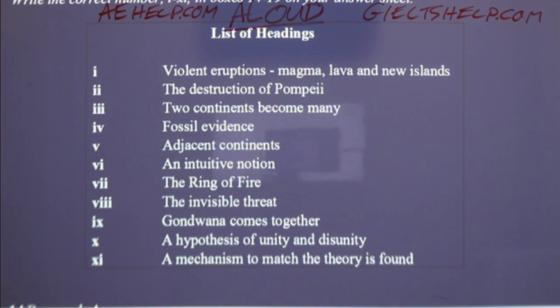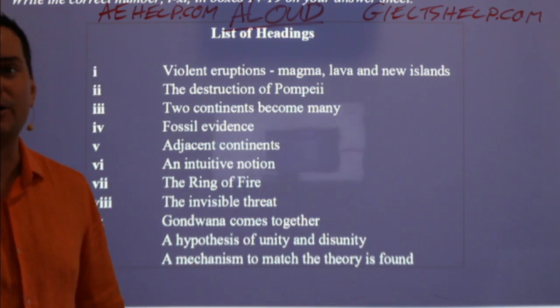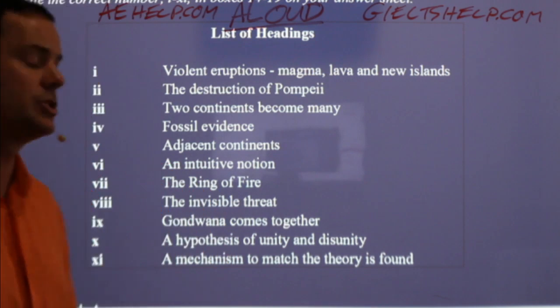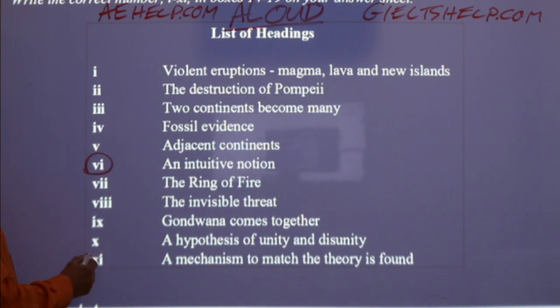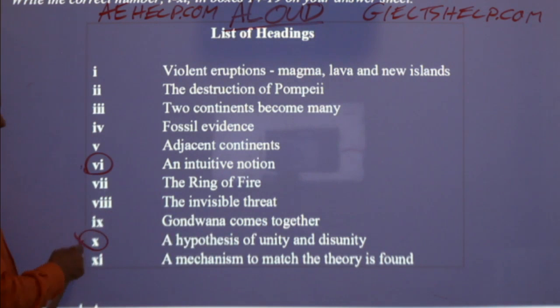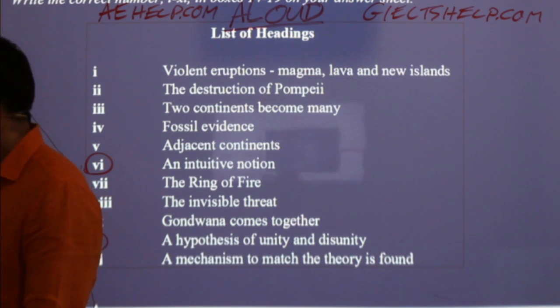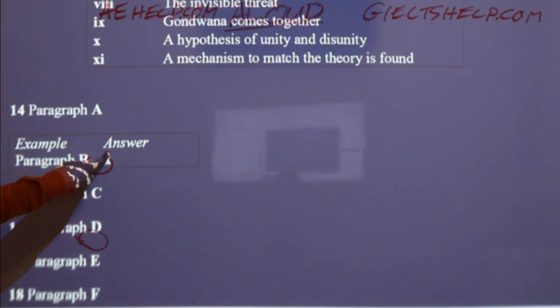Okay. Does it talk about a procedure? Did the man describe how that happens? I don't think so. So the two that look good for me are this one and maybe this one, a hypothesis of unity. So these are the two closest ones. Now, let's look. Oh, wait a second.